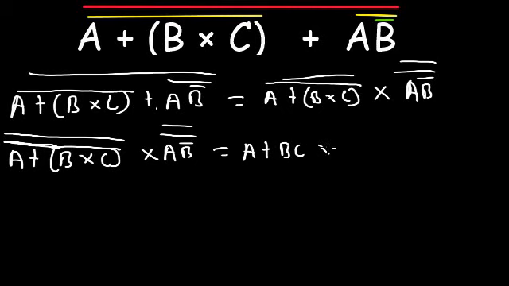Then this is multiplying. This double over bar will also get rid of each other, and that will become A B bar. So right now, what should we do next?